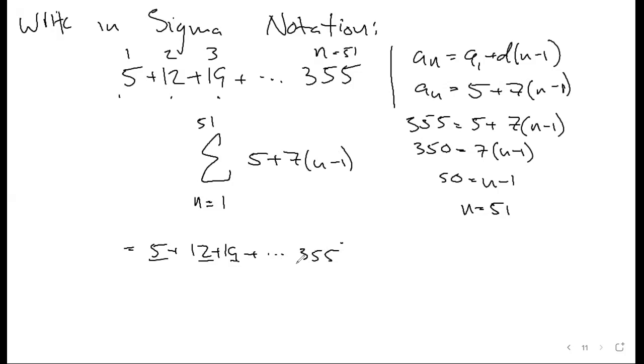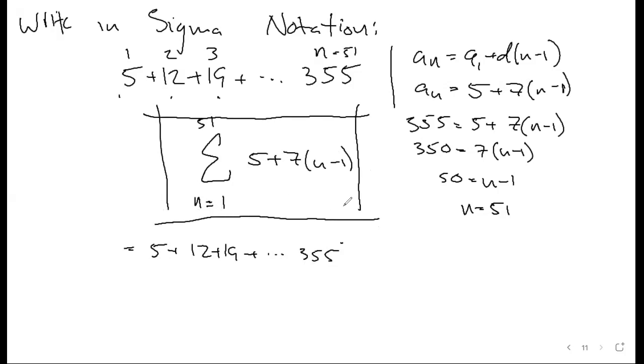And so on and so forth. And when you plug in 51, you will actually get 355. So that works. Okay, so this is the answer. Did everybody get this? Or did anybody get this? Yes. Okay, great.